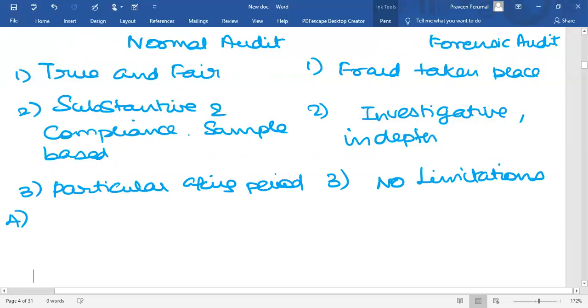With regard to stock verification, assets, provisions, liability, etc., in a normal audit, you rely on management representation or the certificate of the management would be relied upon. Here you don't do so. What do you do? You do independent verification.